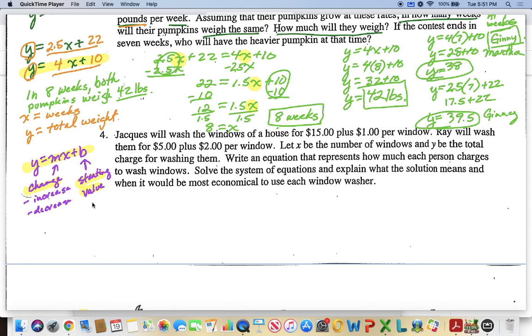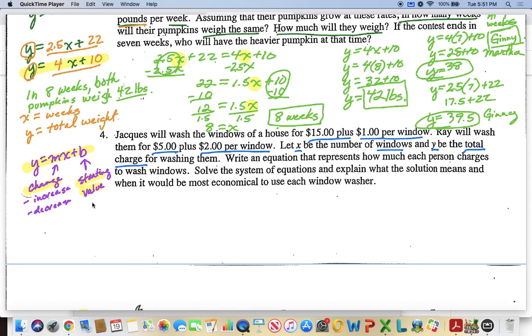Jacques will wash the windows of a house for $15 plus $1 per window. Ray will wash them for $5 plus $2 per window. This time they're telling us what x and y are. X is going to be the number of windows, and y is going to be the total charge for washing.